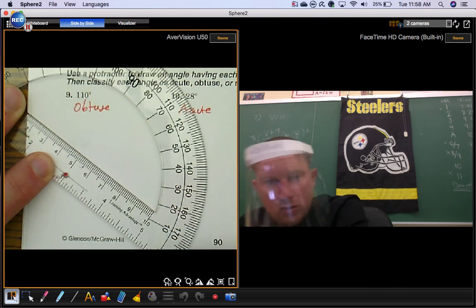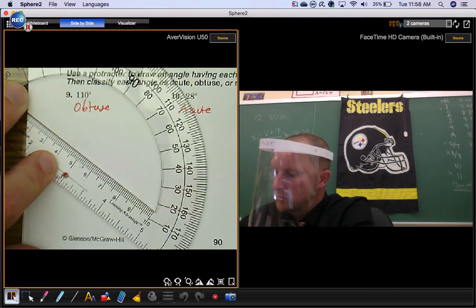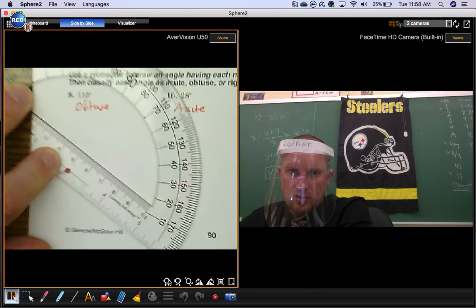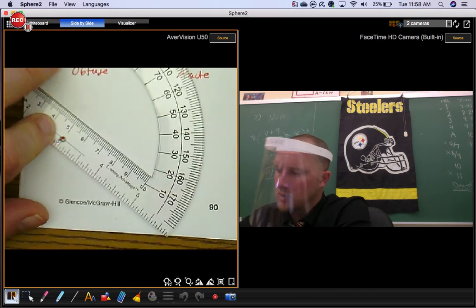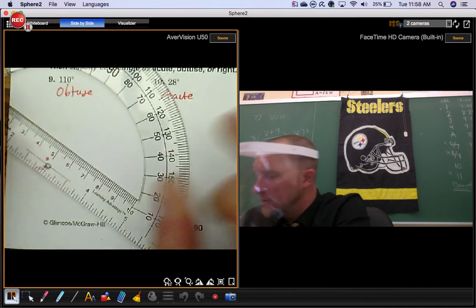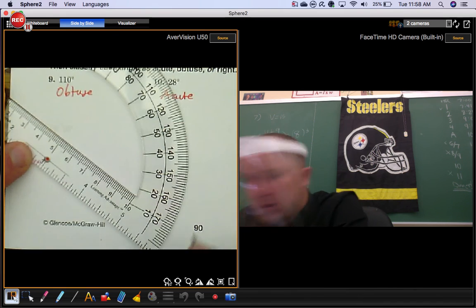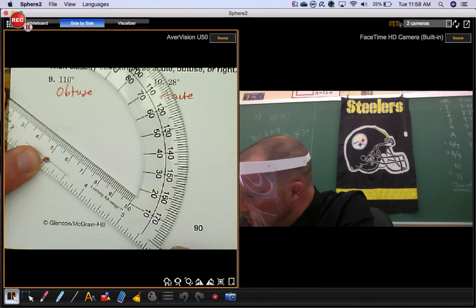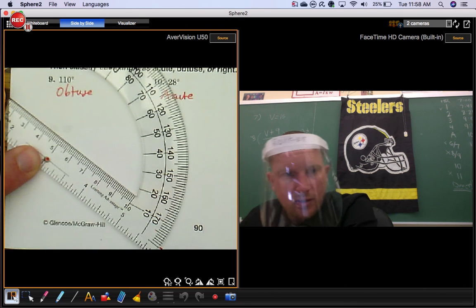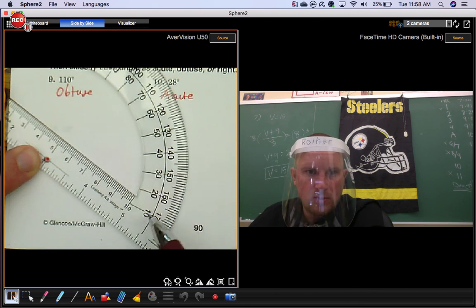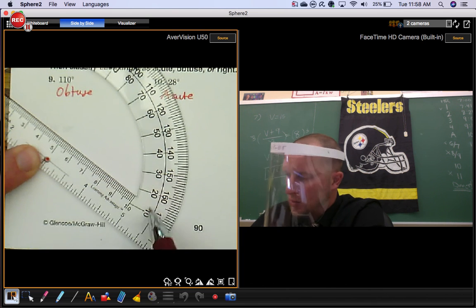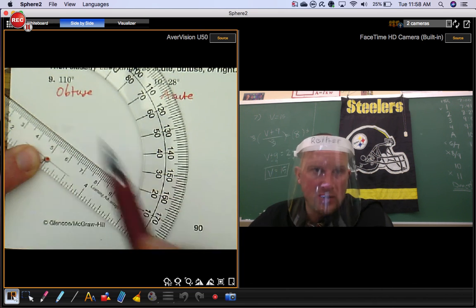Okay. Now I'm also going to mark the 0. I'm going to mark the 0 on my protractor right here. That's the 0 using this bottom scale, the scale going right to left. So we're counting up. We need to get to 110 degrees.